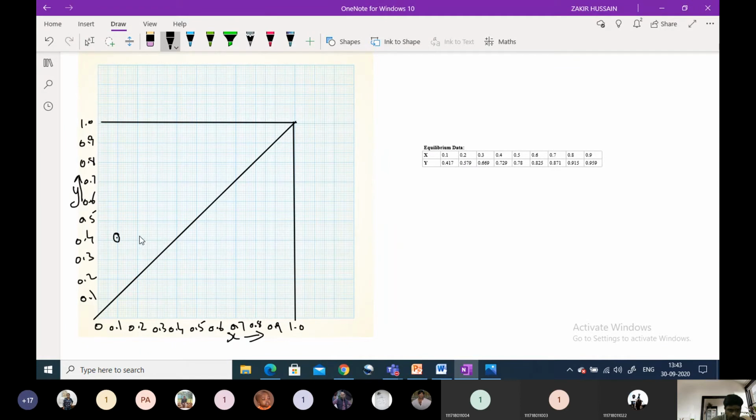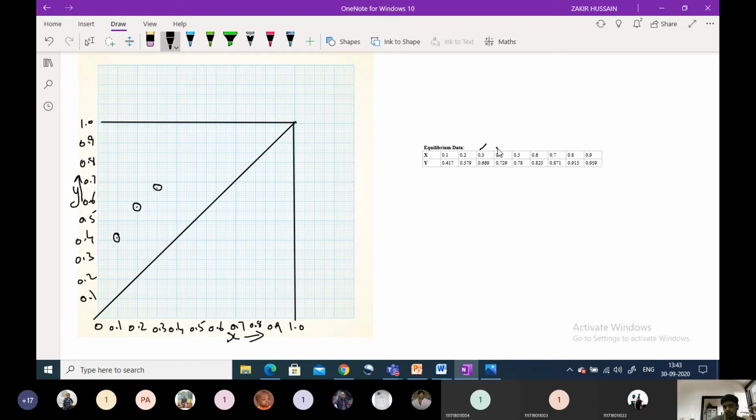The third data point is 0.3 and 0.669, which is almost 0.767 we can take.